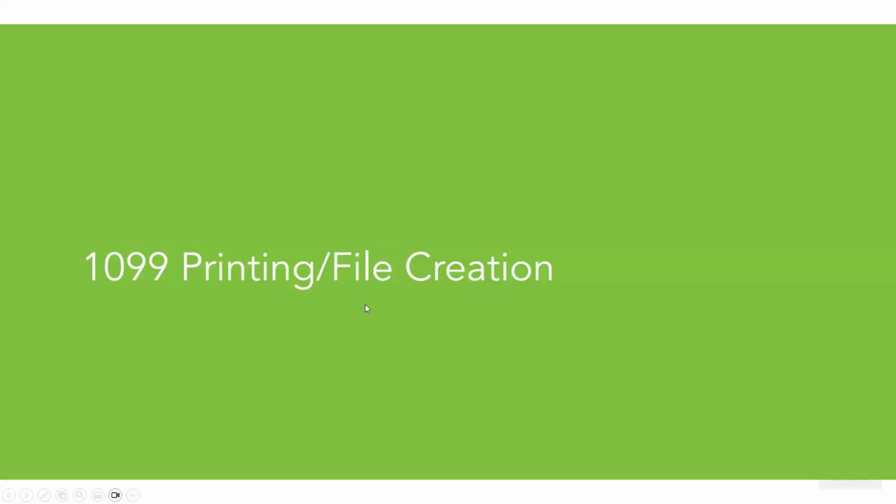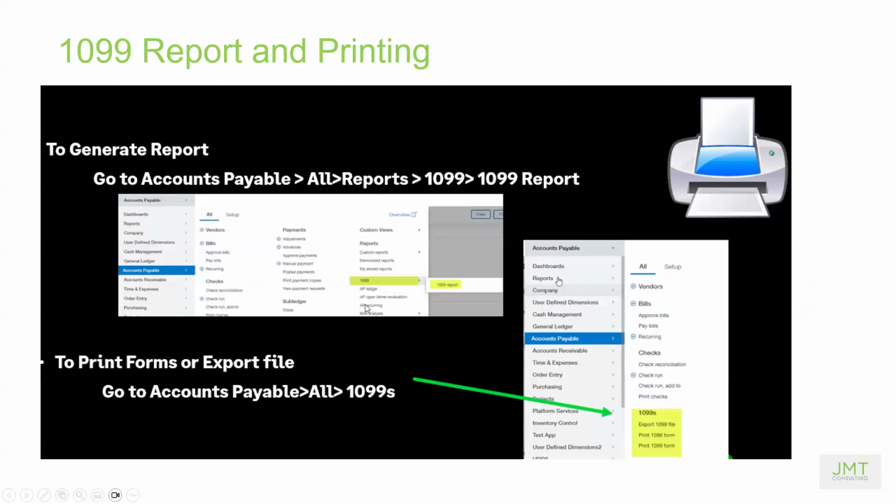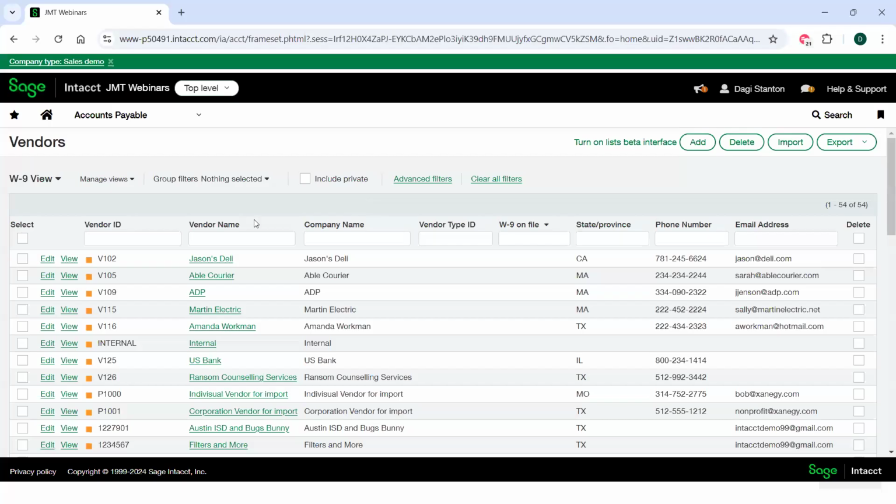All right, so how in the world do you print it, and how do you go to reports to run reports? To generate the 1099 report, you're just going to go to accounts payable under All, the main tab. You go to reports and you select the 1099 report. And to print the forms, you go to the 1099 forms box. So let's go in Intacct.